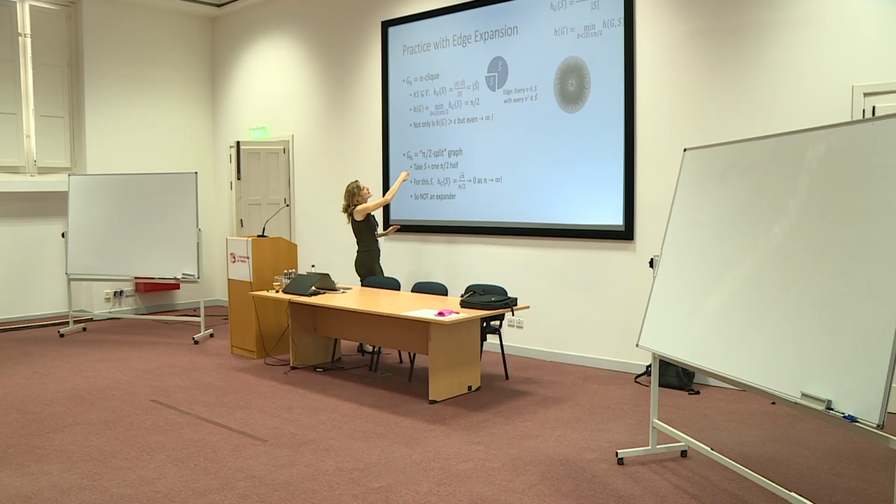Since this ratio is scaled by the size of S, this gives me the size of S bar. And since we're taking all the S's of size up to n over 2, it's like taking the minimum of the size of S bar, and this is going to be n over 2. This is smallest when I have the biggest S, so S bar will be size n over 2.